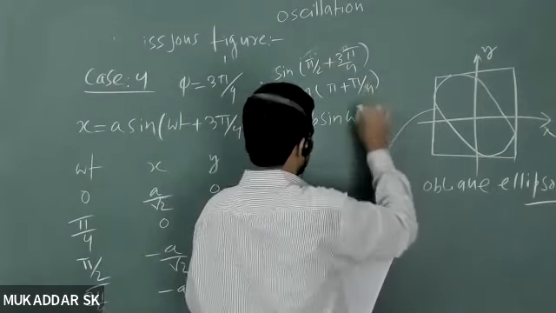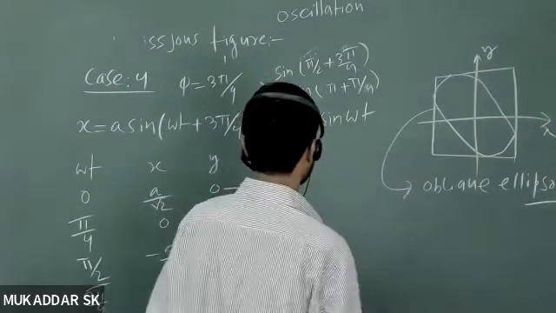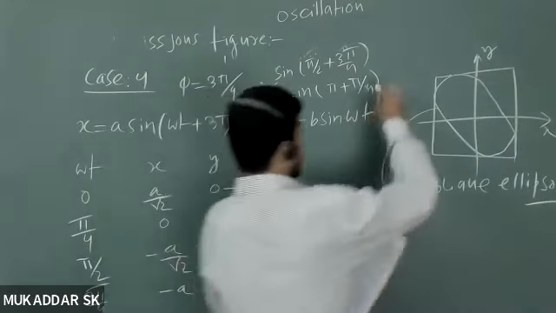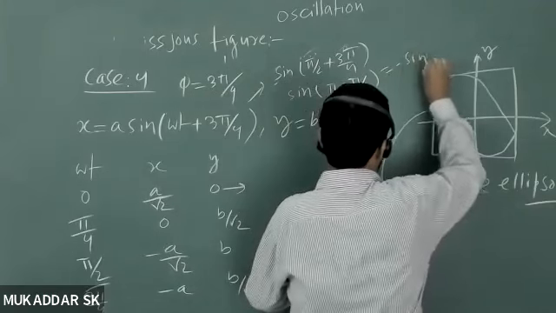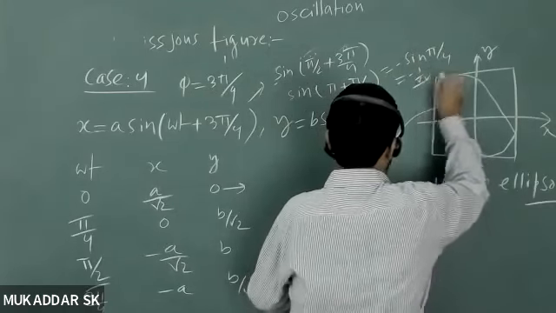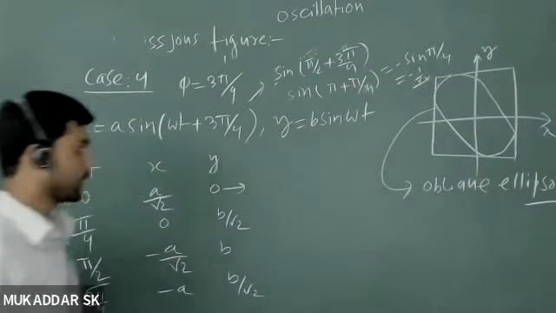So sine of pi plus theta equals how much? Minus sine theta. So you can write it as minus sine pi by 4, which is minus 1 by root 2.